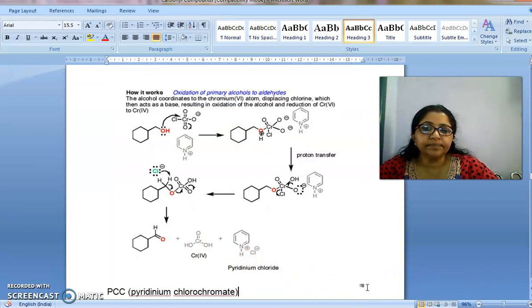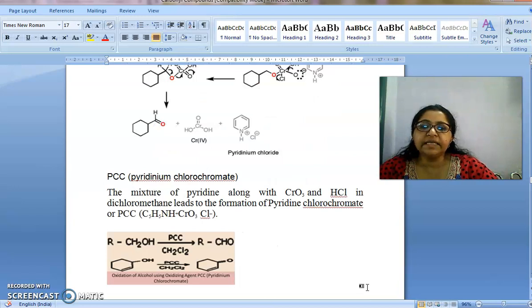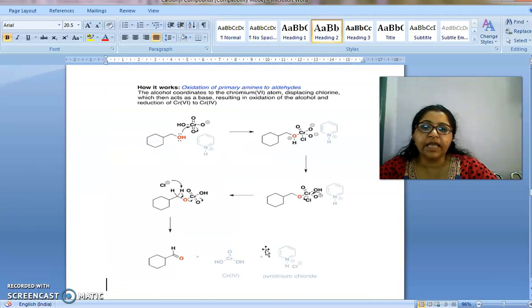Next, what is PCC? PCC is pyridinium chlorochromate, almost the same type of reagent. The mixture of pyridine along with chromium trioxide and HCl in dichloromethane leads to the formation of pyridinium chlorochromate, or PCC. Here also we will end up with aldehyde.